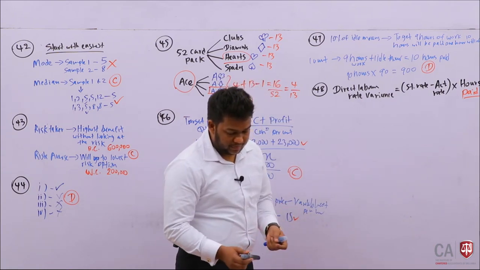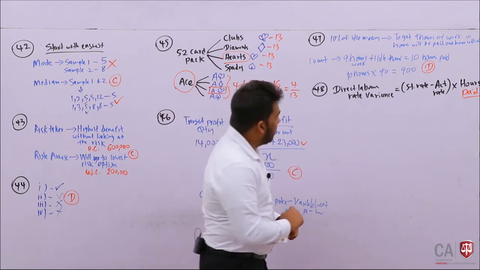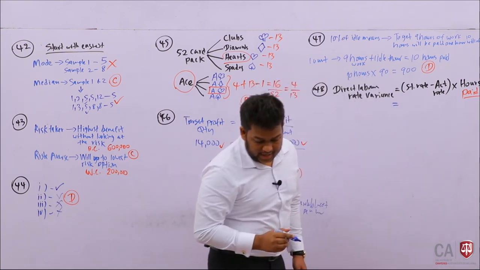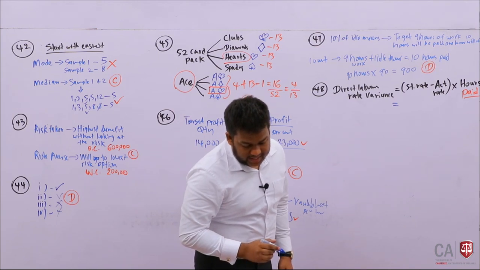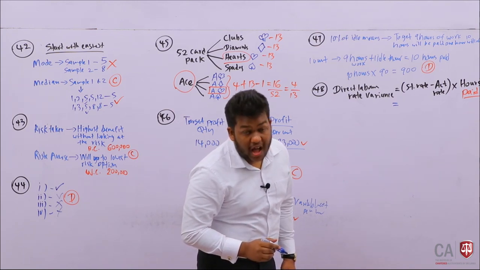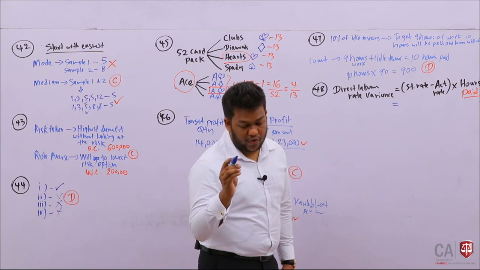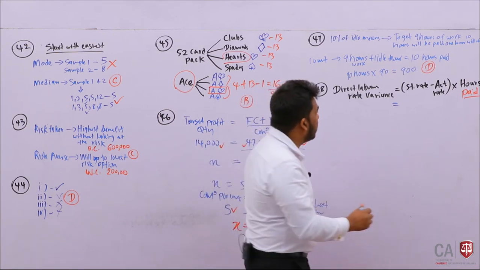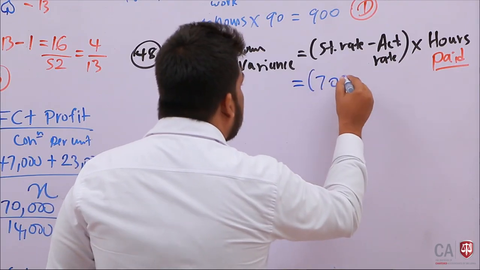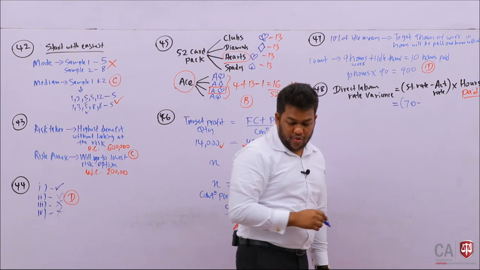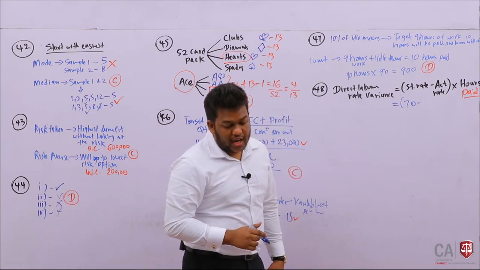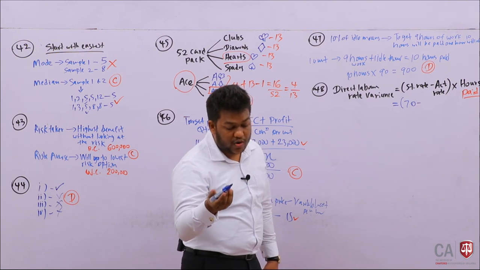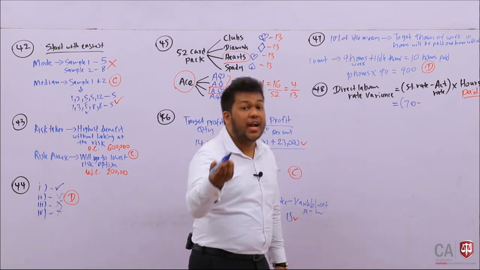So standard rate given, that is how much? Standard rate, 10 hours at rupees 70 per hour. The standard labor cost per unit was 700, within brackets 10 hours at a rate of 70. So 70 is the standard rate. Minus, how to get the actual rate? The actual labor cost was rupees 186,000 and the labor force worked 2,200 hours, although they were paid for 2,300 hours.